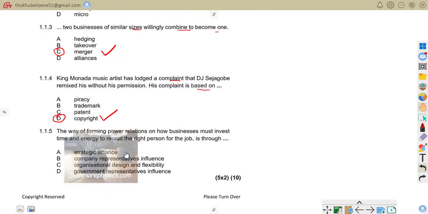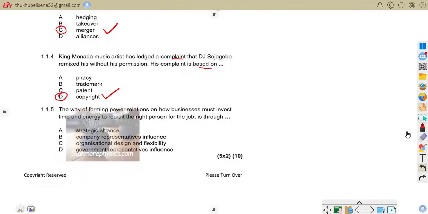Now let us come to 1.15. The way of forming power relations on how a business must invest time and energy to recruit the right person for the job is through, then we're given strategic alliance, company representative influence, organizational design and flexibility, government representatives influence.